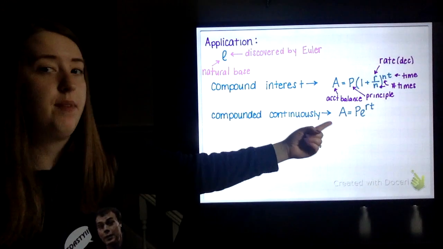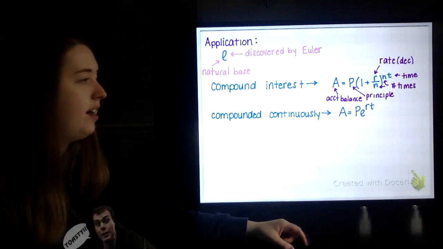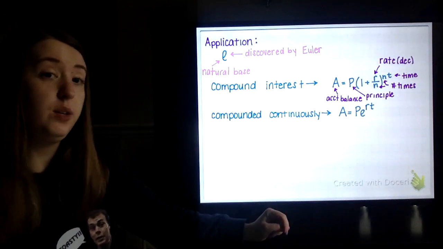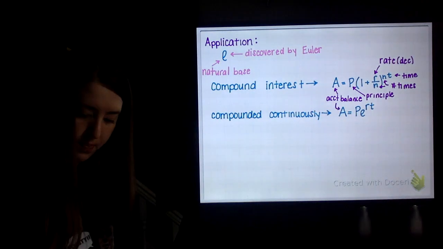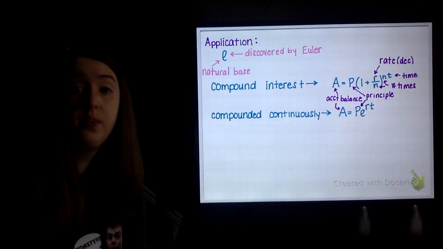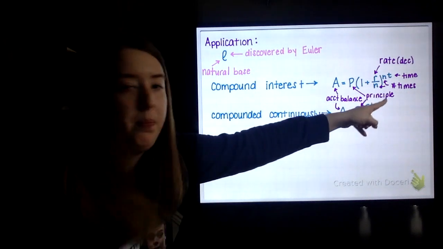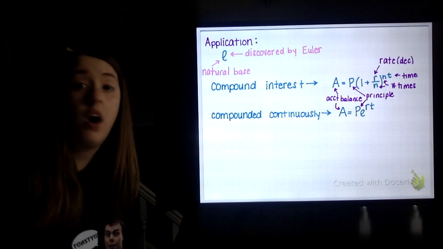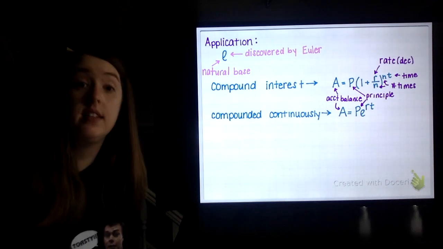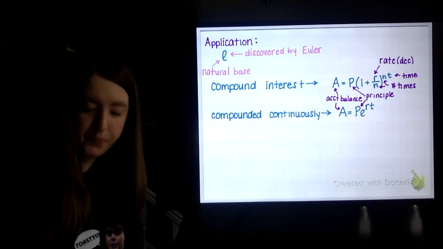That's how we came up with e. So when we compound continuously, we're going to use this formula instead. A is still the account balance. P is still the principal. Notice it's principal P-L-E, not P-A-L, so it's a different word. R is still the rate as a decimal. T is still time.